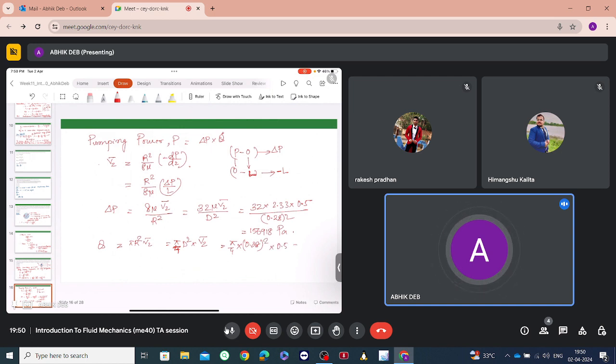So this comes out as 0.0307 meter cube per second. Therefore, the power required is delta P into Q dot. This is 156,918 multiplied by 0.0307 Pascal into meter cube per second. So that is joule per second, or watt.